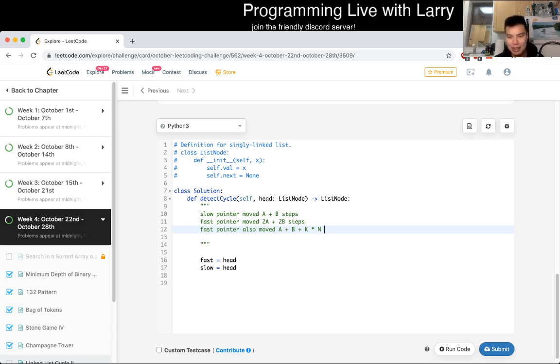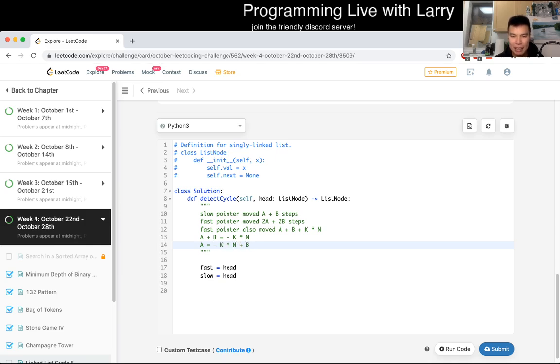So then we can set them equal to each other. We subtract these two out, and then we have A plus B is equal to negative K times N. Is that right? And then A is equal to negative K times N minus B.